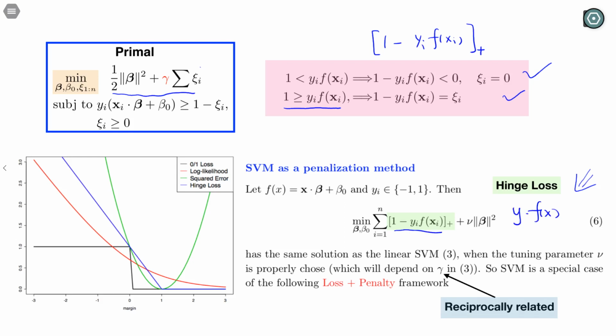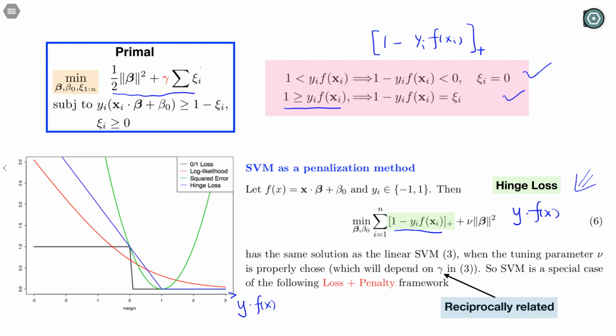So here's a plot of the loss function, and the x coordinate represents y times f(x). Again, y is labeled as 1 or minus 1. Our f(x) is a classification function we learn. It outputs a real number, but we classify based on the sign of f. So we look at the product.